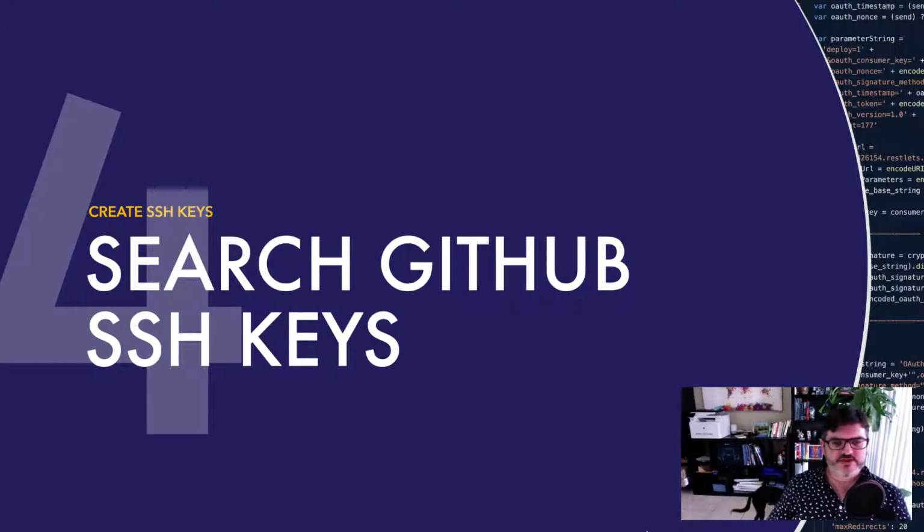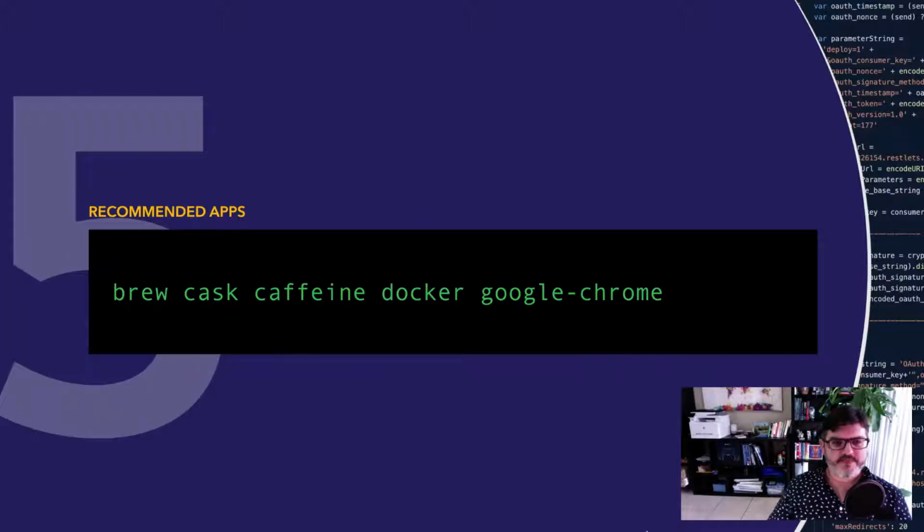So if you just search GitHub SSH keys in Google, it'll show you directions. Or if you're using Bitbucket instead of GitHub, there's ways to do this there. So I'm not going to run through this. It only takes about 1 or 2 minutes to set up, but you set it up once on your machine, and then you can always access your repositories from that machine without a password, which is very convenient.